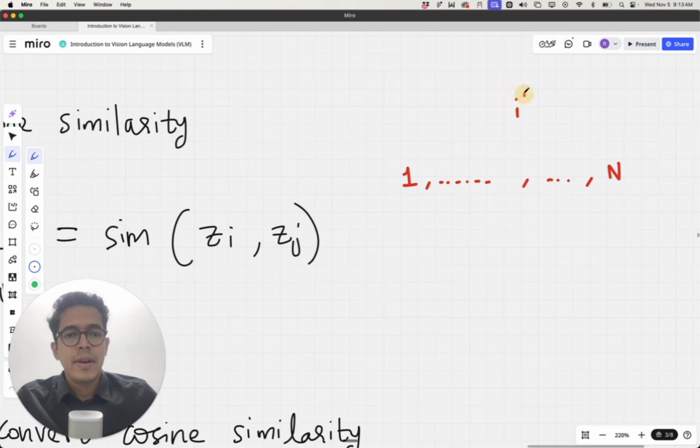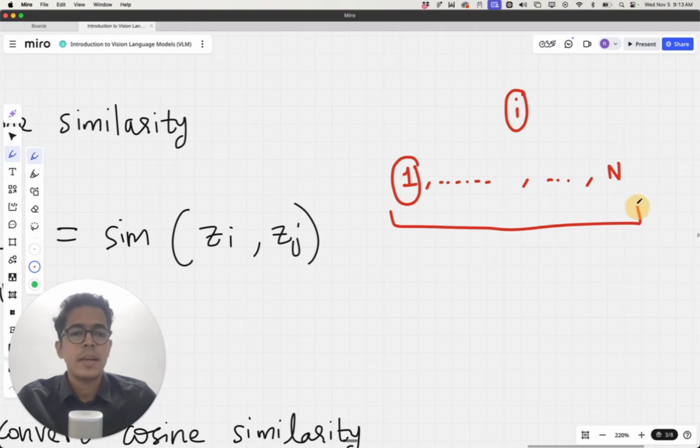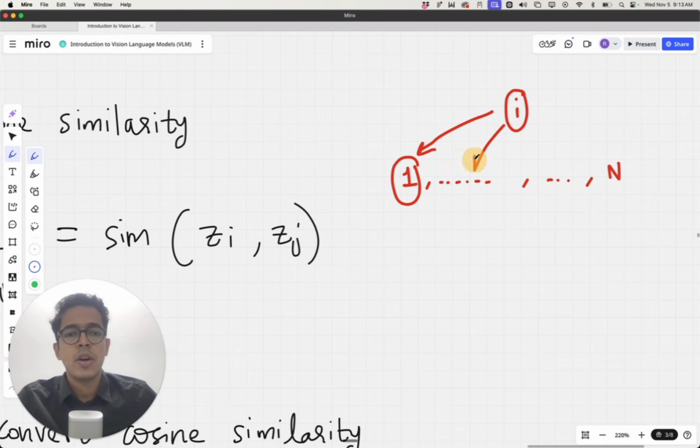Now the similarity between the ith image and image number 1 will be something, ith image and image number 2 will be something else. You don't compare i with i itself, obviously that will be trivial. So you consider all the images except i itself, and you construct similarity scores by taking the dot product between i and 1, i and 2, i and 3, etc., up to i and n.